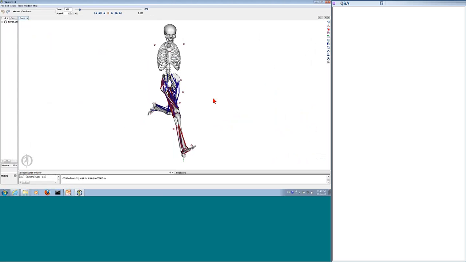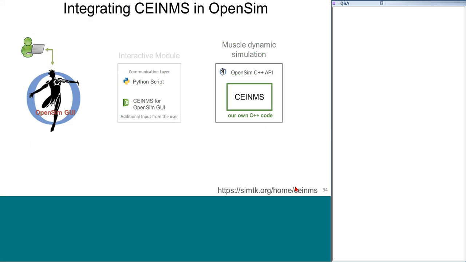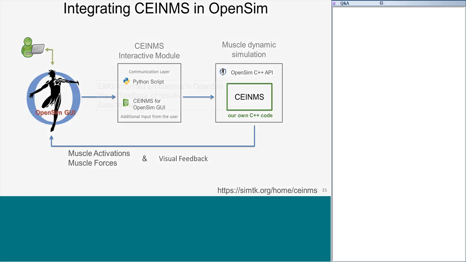So this finishes the part with OpenSim. Let's go back to the slide. As we have seen, this integration between CineMS and OpenSim makes available EMG-informed simulation directly from the OpenSim GUI.